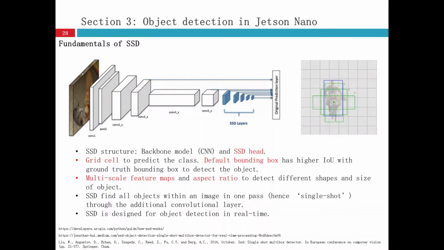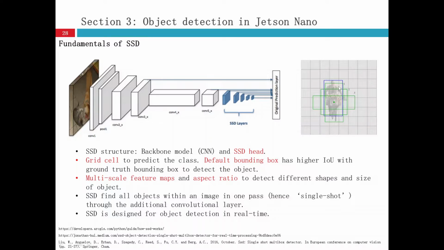So how does the SSD head work? This figure tells us how the SSD works. You have a lot of grid cells here, and you use the grid cells to predict where the object is and the class of it. And you have a lot of default bounding boxes. In this figure, the default bounding box is the green bounding box, and the ground truth bounding box is the blue one.